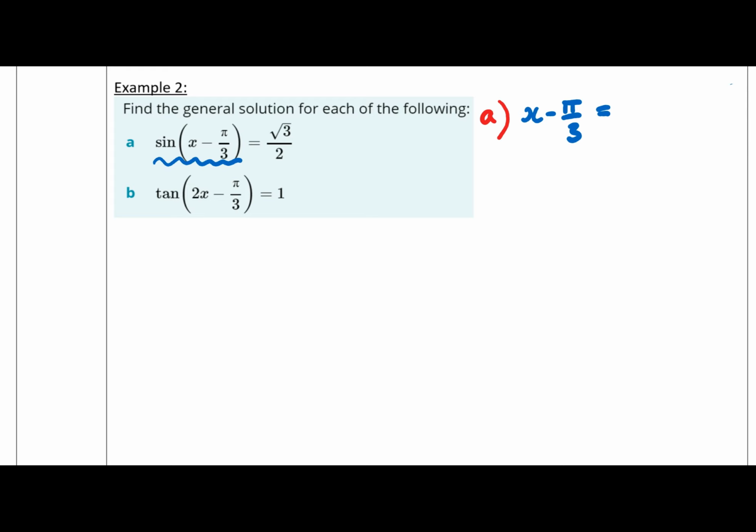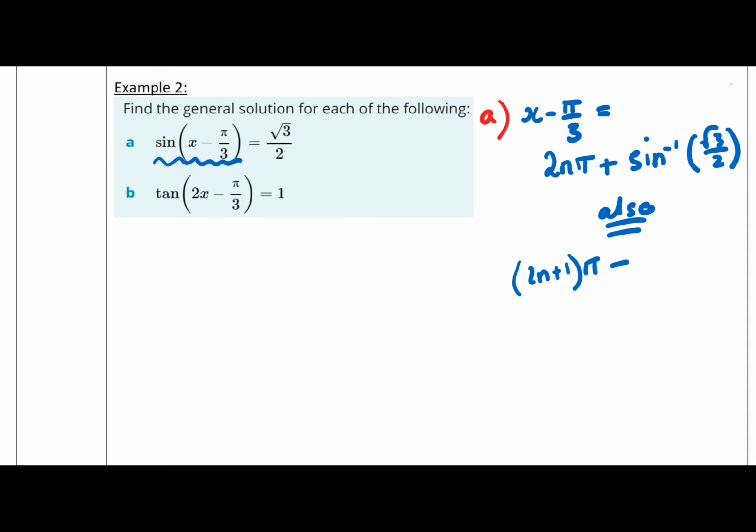We need to think about that general solution. So x minus pi on 3 is going to be equal to 2n pi plus the arc sine of root 3 on 2. Now, there's also a second set of solutions, and that would be 2n plus 1 pi minus the arc sine of root 3 on 2.